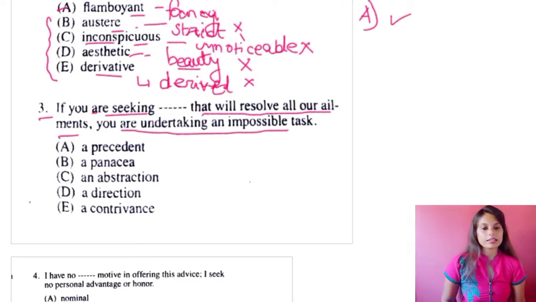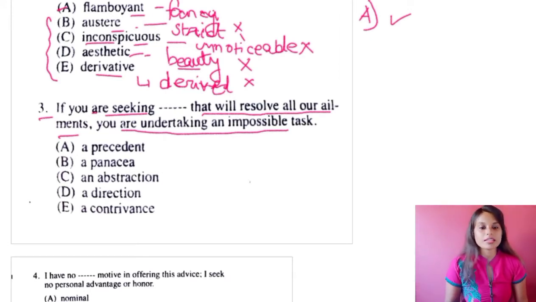So this is talking about a person who is seeking something, given as dash, that will resolve all the problems, and that is why that person is said to be undertaking an impossible task.